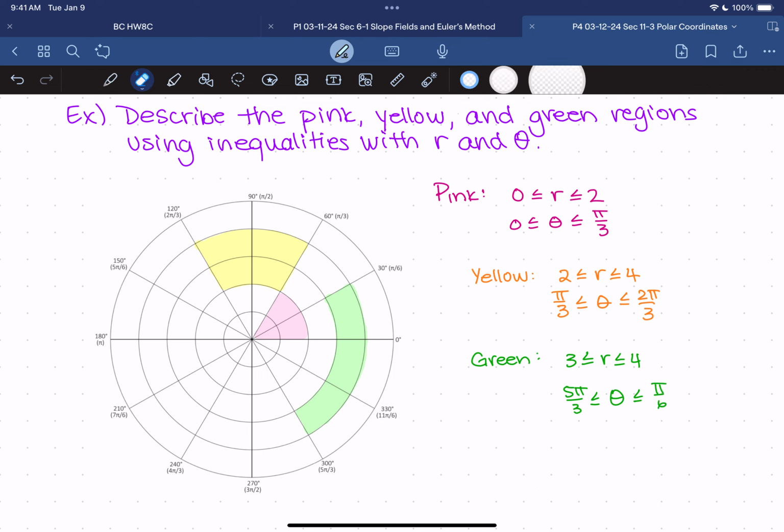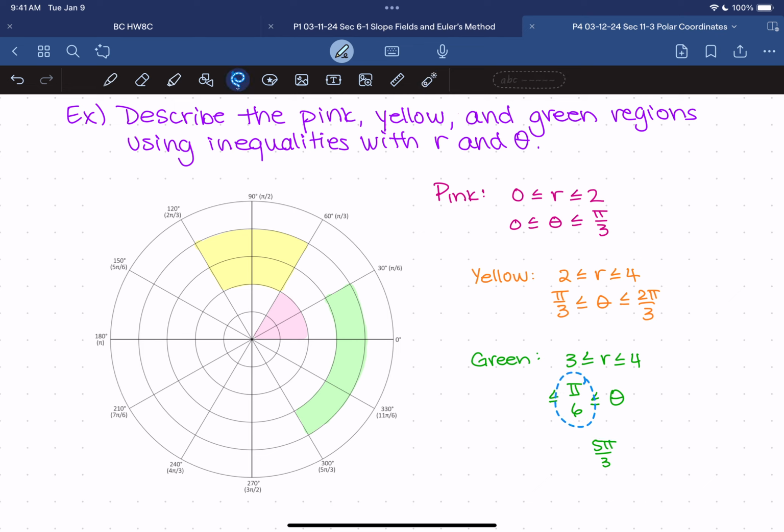However, this would be incorrect because this is gibberish. This value is larger than this value, but the inequalities say that this value would be less than. We can't start at a larger value and increase to a smaller value. Can't be done. So you may say, well, okay, easy fix, we'll swap them.